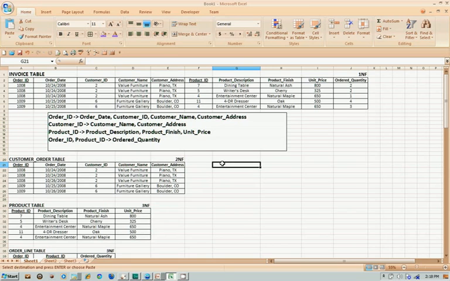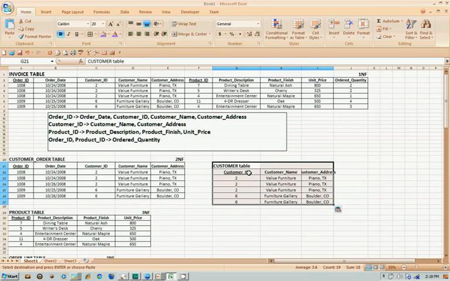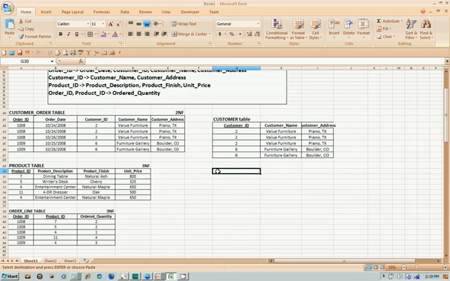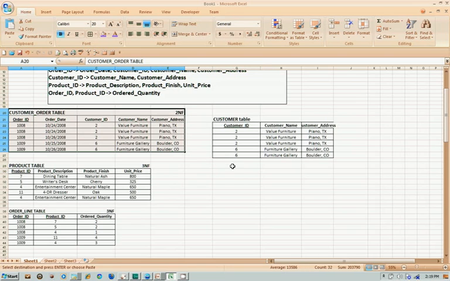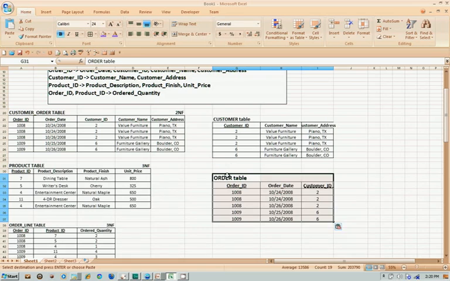Now, we will create a new relation for the customer ID. We will name this relation as customer table. Now, we will create a new relation for customer order table 2. We will name this table order table.